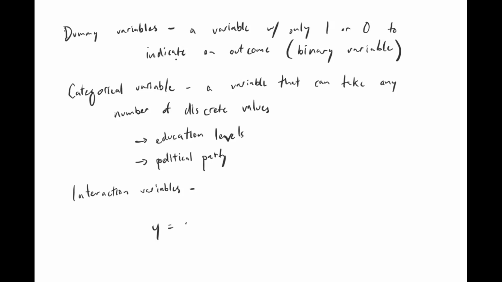If you have beta x1, x2, you can actually do this. You can't have beta squared or beta 1, beta 2 in here. But this form that I'm writing here is actually an example of an interaction variable. So sorry for that mistake.